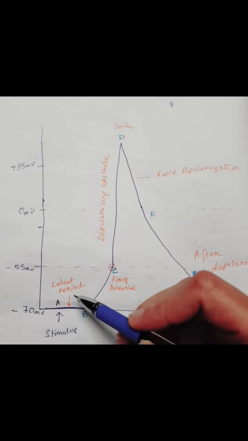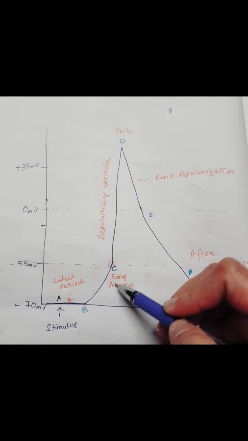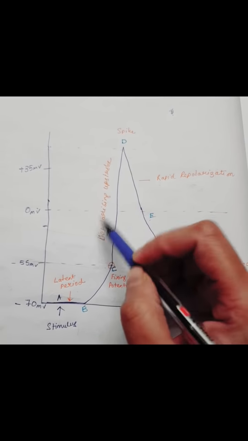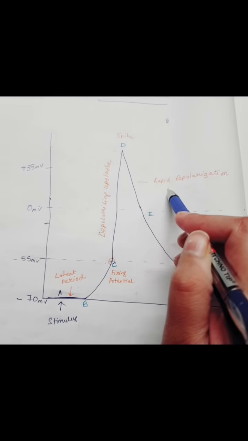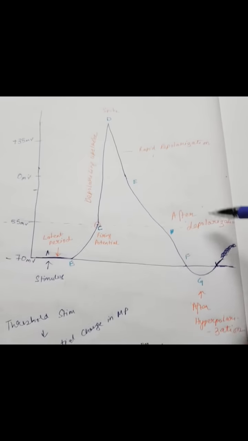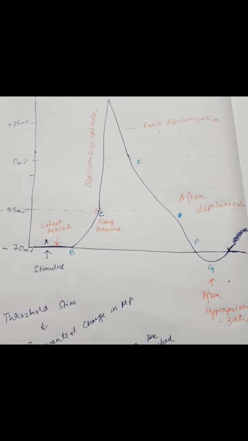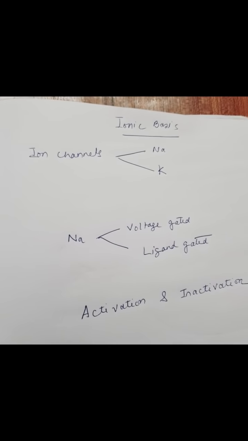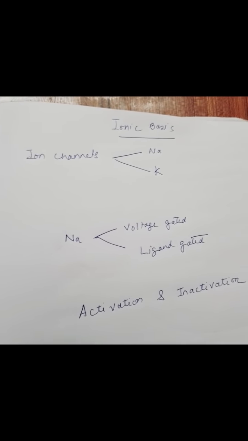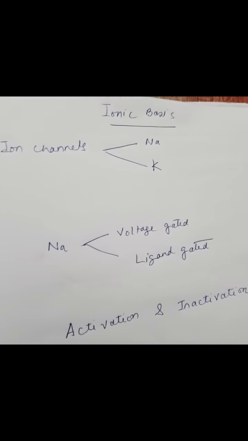So the parts are the latent period, the firing potential, the depolarizing upstroke, the spike, the rapid repolarization, the after depolarization, and the after hyperpolarization. Now, before going on to the ionic basis of these phases, we need to know a little bit about the ion channels.